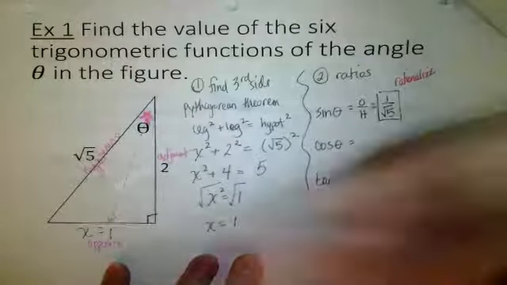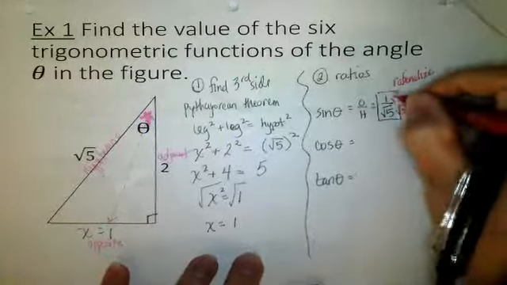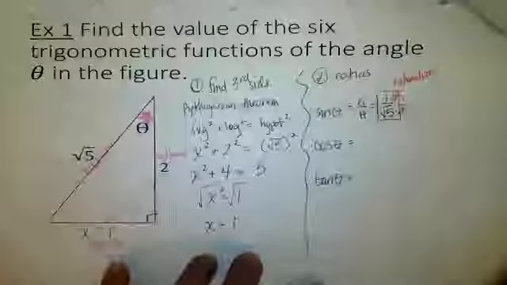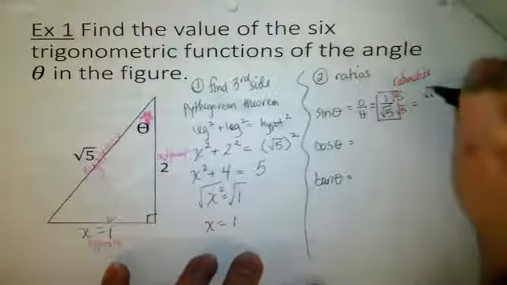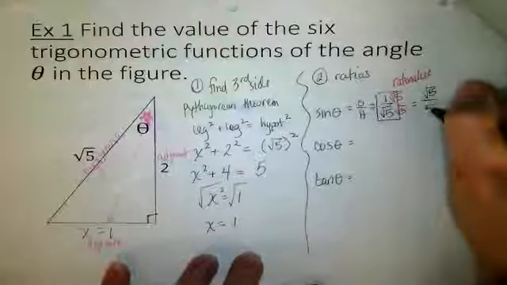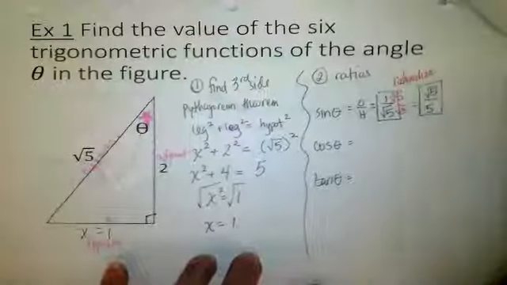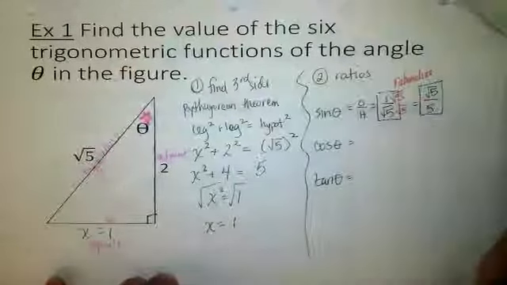I think this is a fine answer, but you'll find that it won't be on your homework or in your book. So we are going to multiply top and bottom by radical 5. 1 times radical 5 is radical 5. What's radical 5 times radical 5? 5. So this is the book answer right there. That is solving it.